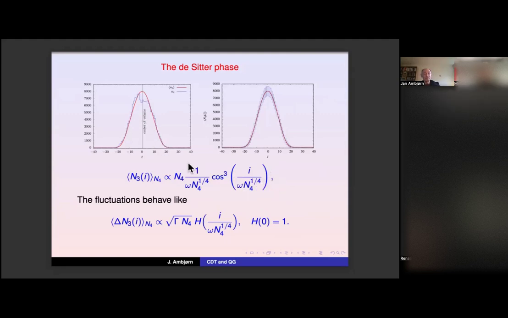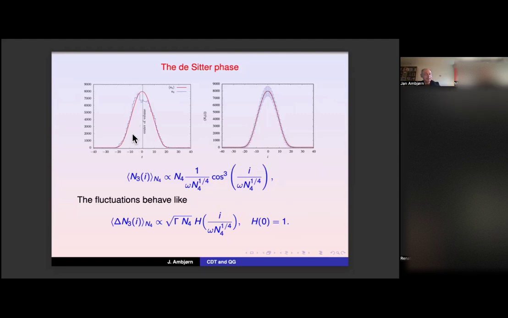So this is what we see. And not only do we see that, we see that they fit perfectly well with this explicit function, cosine cubed. So the only thing here which depends on the choice of bare coupling constants in this de Sitter space is the omega. So it will depend on that, but apart from that, there's no dependence.